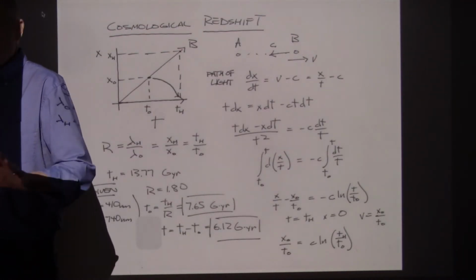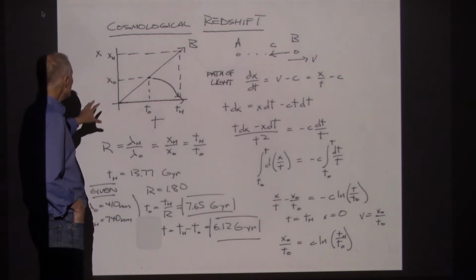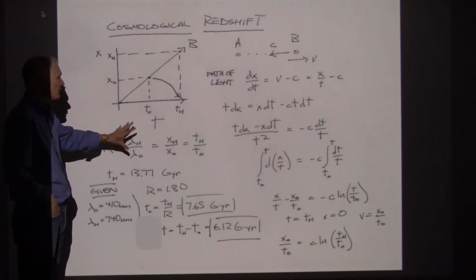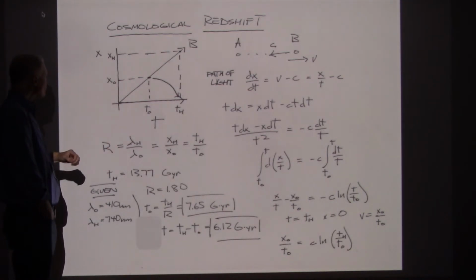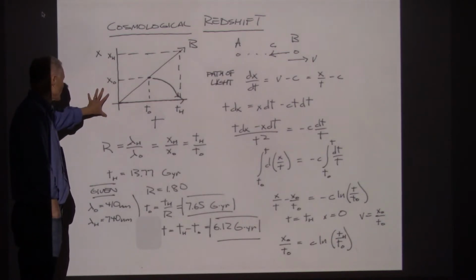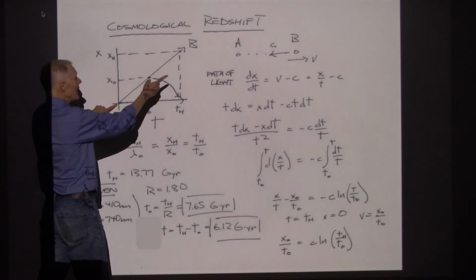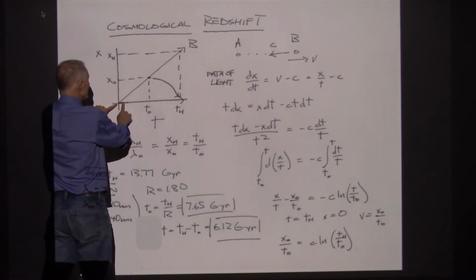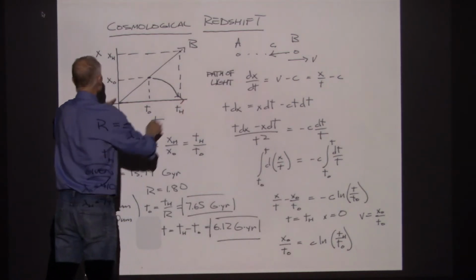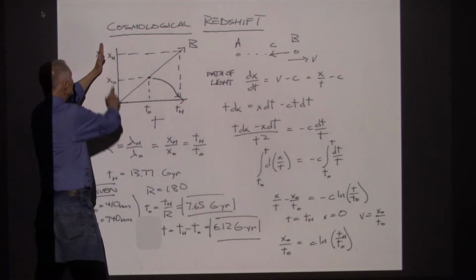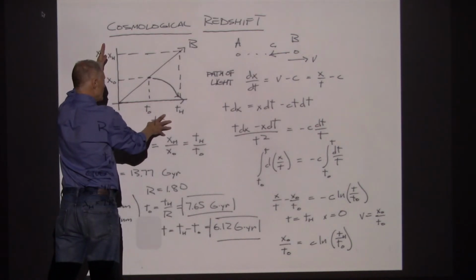Okay. Now this is a derivation. I'm not going to go through the details of this, but this is a derivation of the formulas that we had just written down. So what the graph shows is this. Let's say that we have galaxy A, and we're going to use that as our reference. The vertical axis is distances, and the horizontal axis is time.